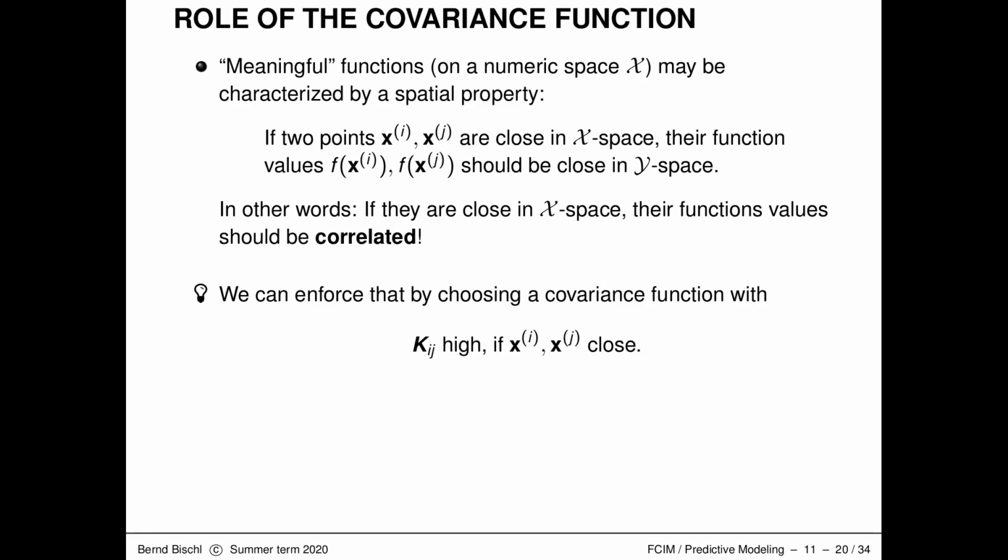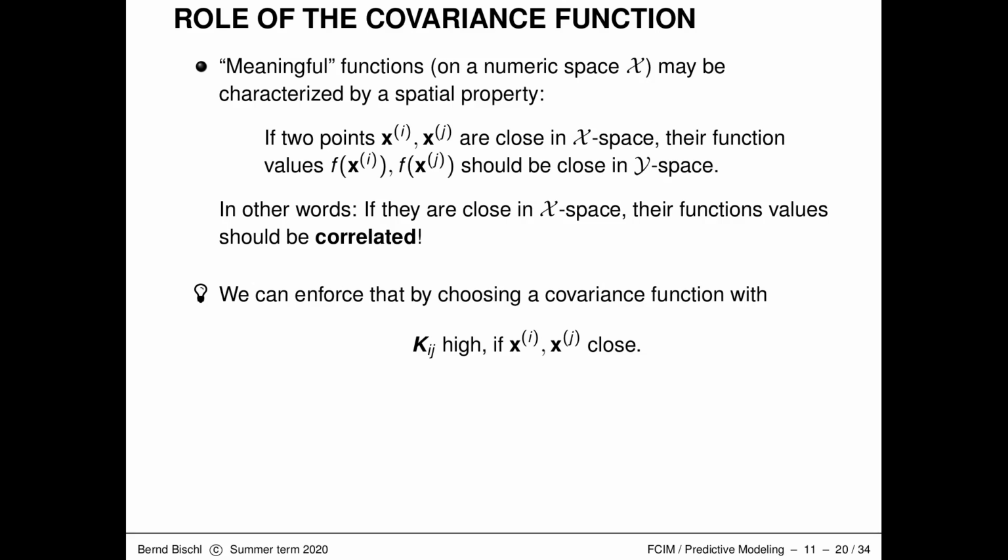I can now characterize functions on numeric spaces X through a certain spatial property. If two points xi and xj are very close in terms of their Euclidean distance, or close in terms of any type of distance metric, then their function values f of xi and f of xj should also be closely related in y space.